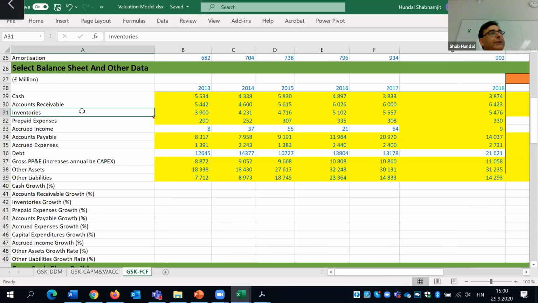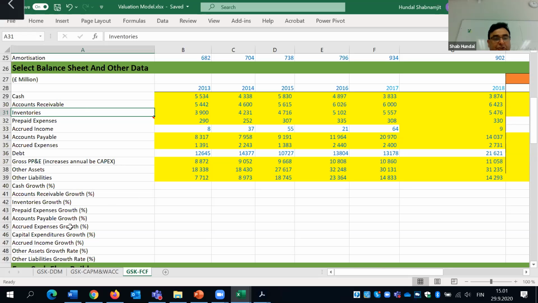Do you increase inventory when things are bad, or do you want to have less inventories? What do you think happens to inventory?